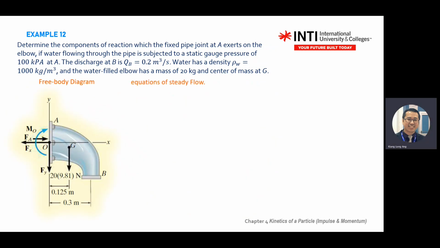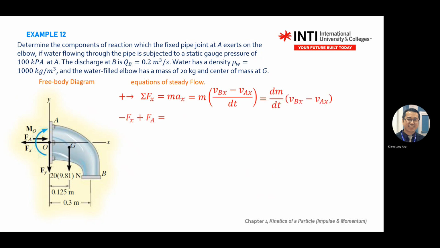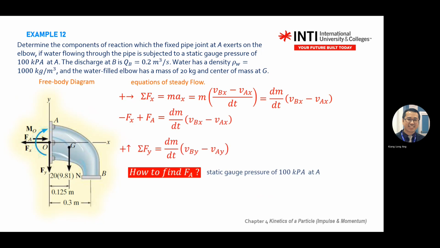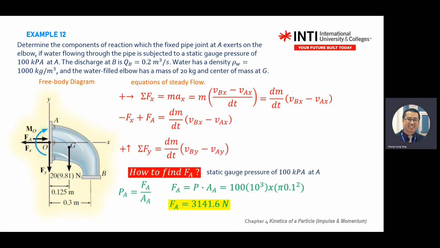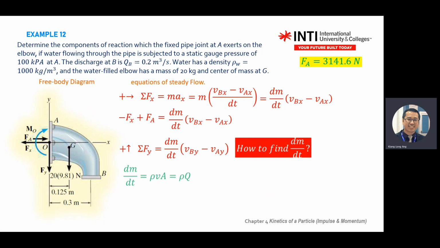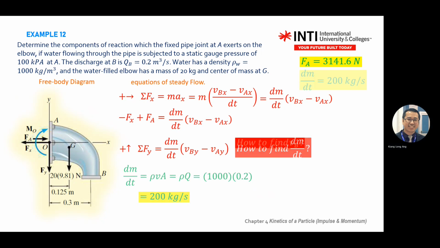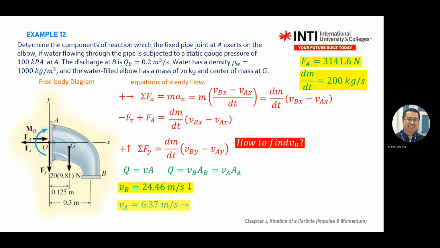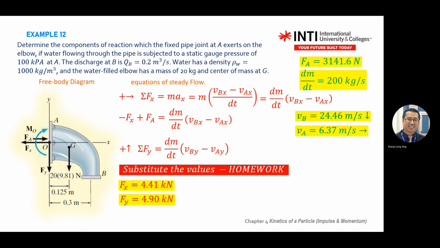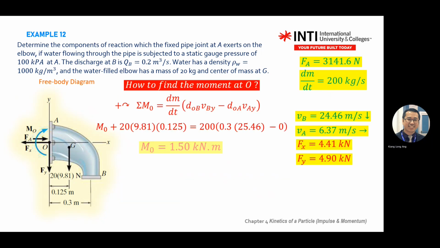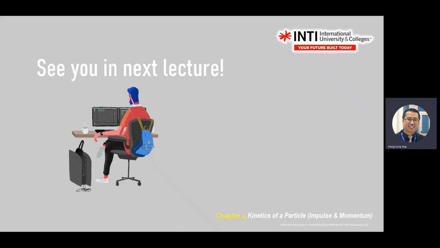You find the free body diagram, find the moment, the equation for steady flow. Okay, then you find T and so on. Okay, this one, read your homework. Read. Okay, with this we conclude chapter 4.